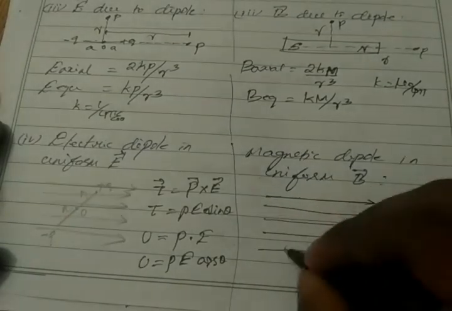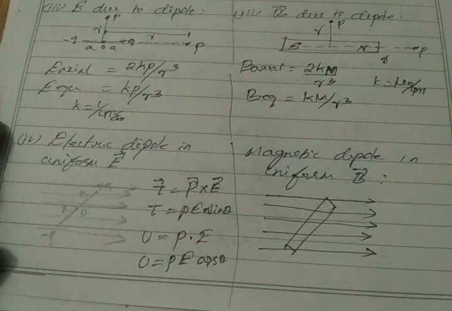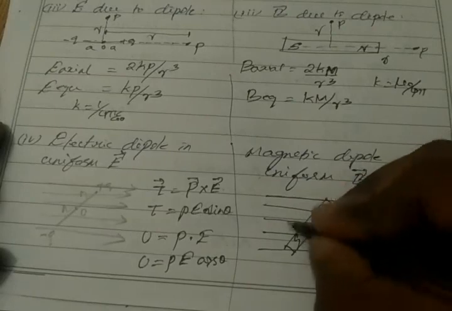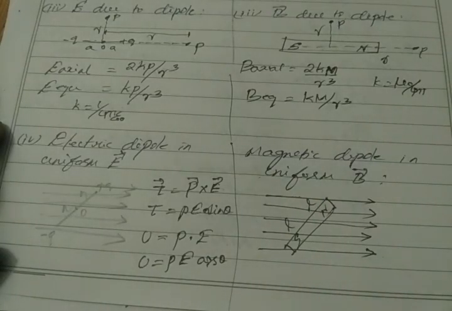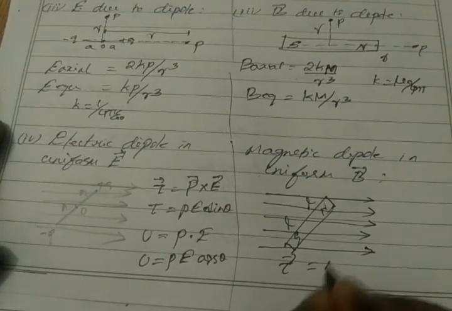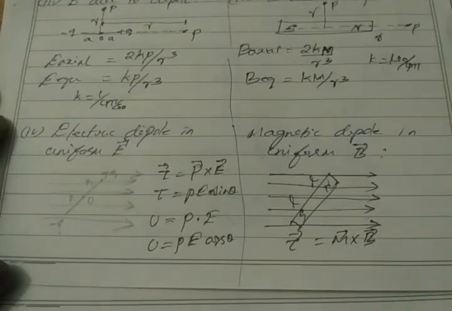Here we have a magnetic dipole, which we solved in the chapter moving charges and magnetism. South pole and north pole separated by a distance L. So what is the formula here? We got tau equal to M cross B. Can you remember this equation? Last chapter we solved tau equal to M cross B, right?